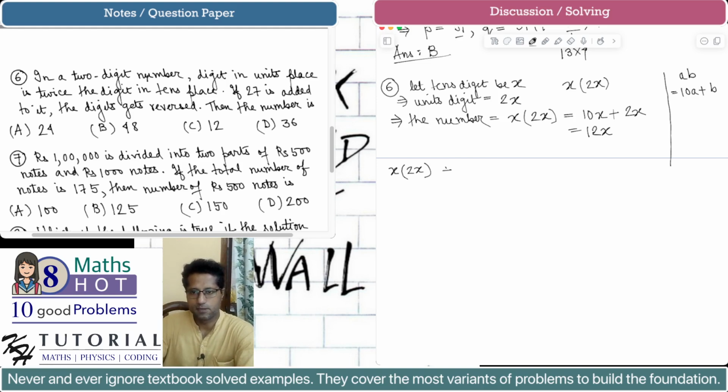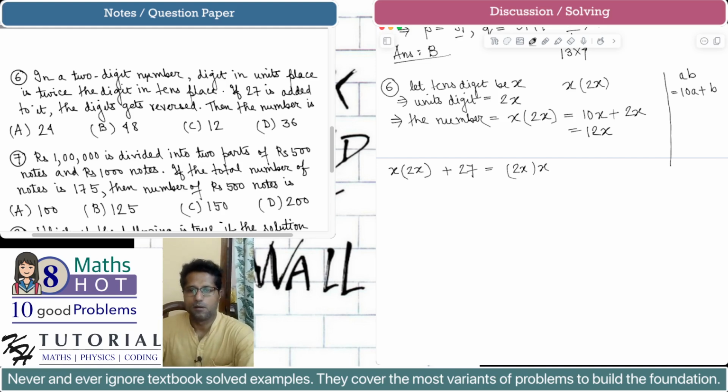If you add 27, the digits get reversed, that is, the number becomes 2x and x. That is, 2x becomes the digit at the tens place and x becomes the digit at the units place. This is the basic information. Please note, this is not the linear equation. This is just a mathematical representation of the given fact.